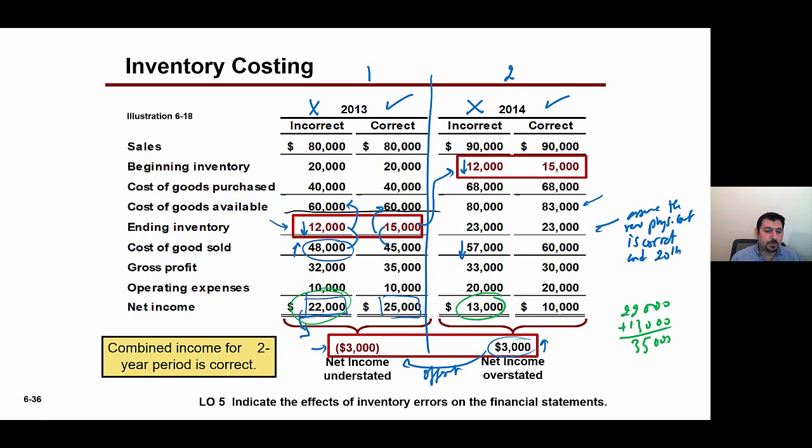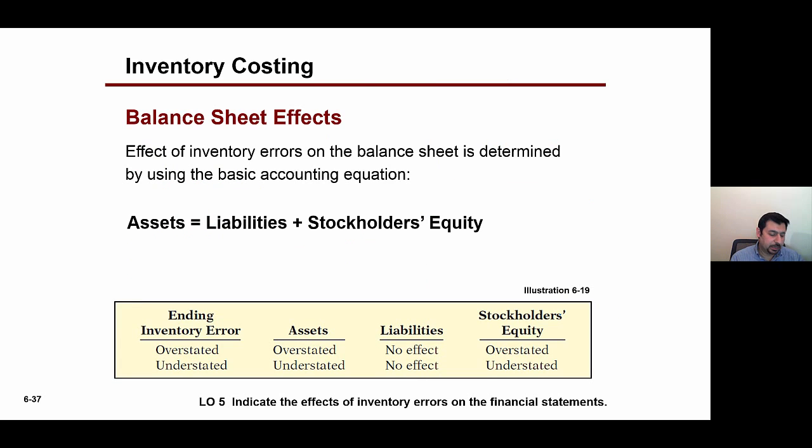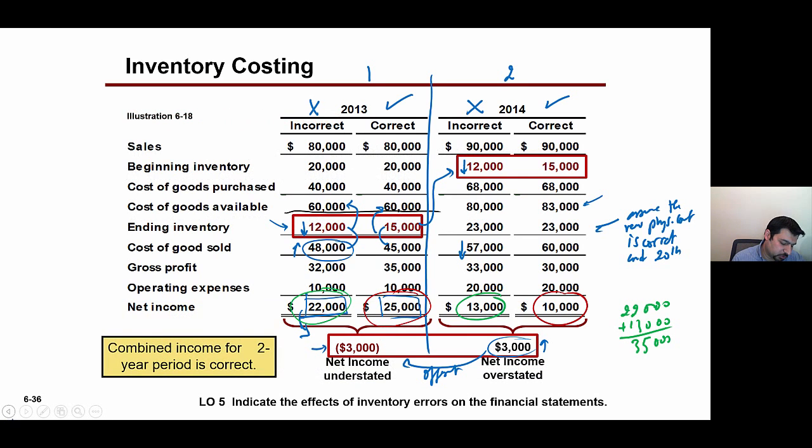So if we add the correct ones and if we add the incorrect ones, the totals will be the same. Again, we have 25,000 plus 10,000, it's 35,000. This one is equal to this one. As we can see, for the 2 years, the net income will be correct if we combine the 2 years together.